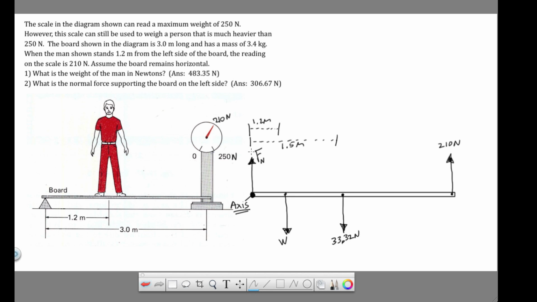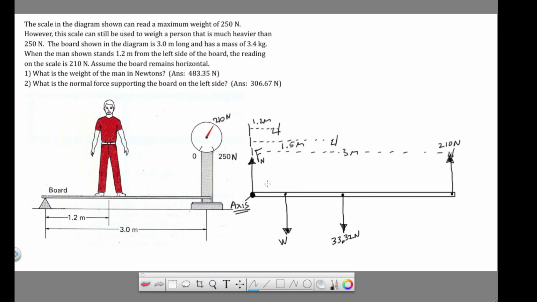And then the distance from the axis over to the far side of the board is 3 meters. That's the full length of the board. And the nice thing here is that these distances are all perpendicular to the forces.